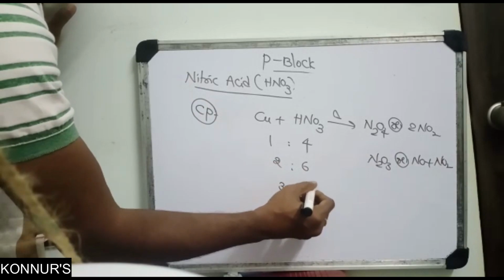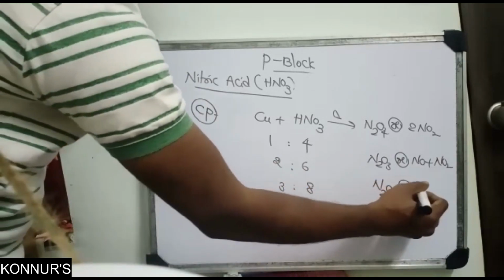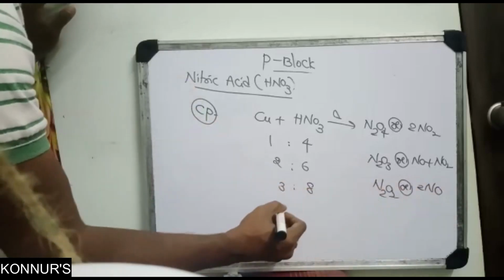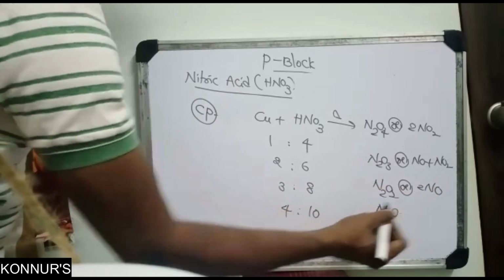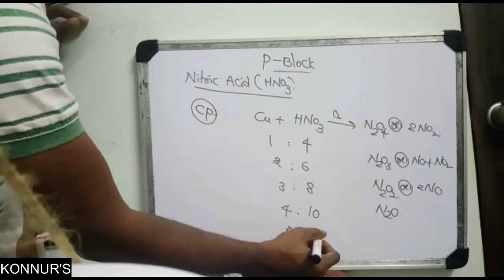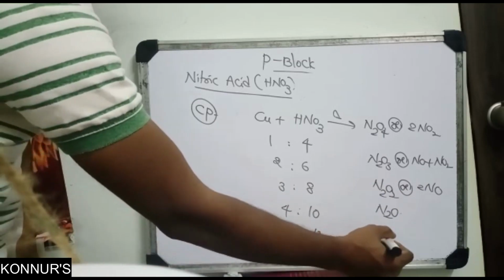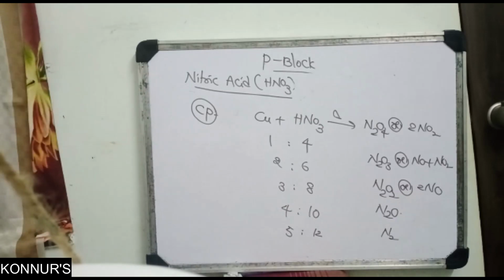Next 3:8, you are getting N2O2, otherwise 2 moles of NO. 4:10, you are getting N2O. Next 5:12, you are getting N2. So like that combinations you are getting.